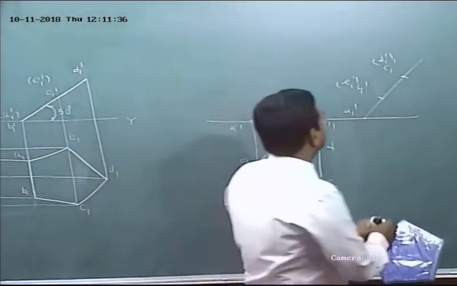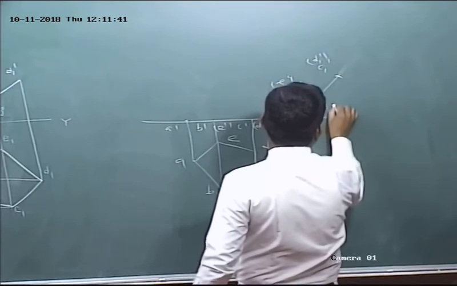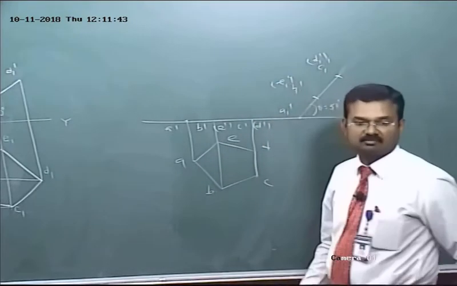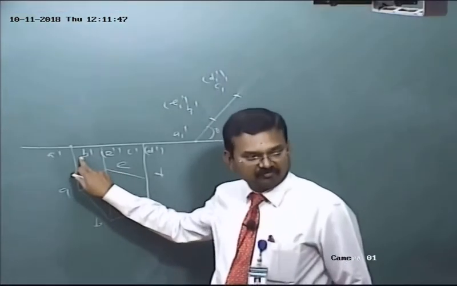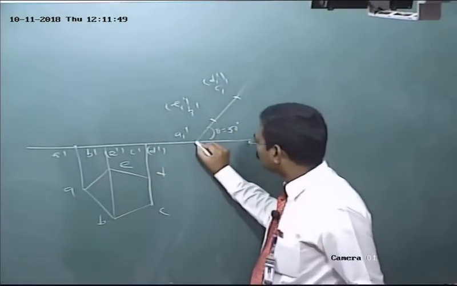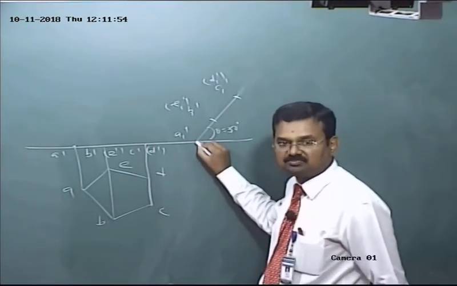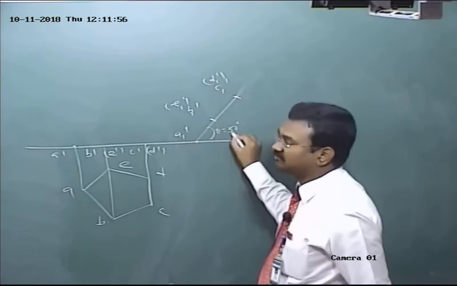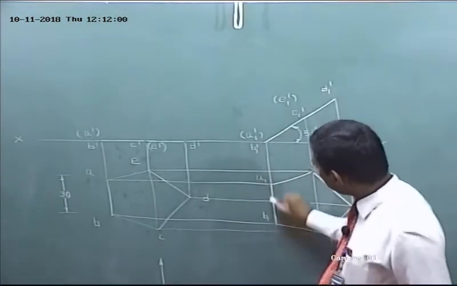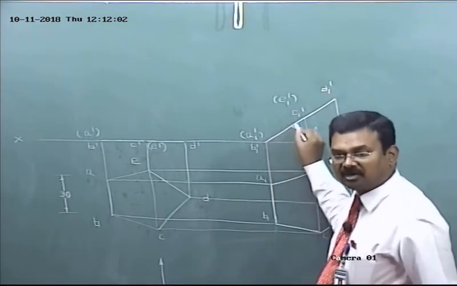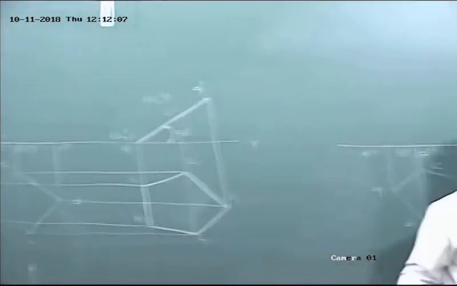Then mark theta, 50 degrees, and ignore the unwanted line. Tilt and reproduce the first step front view to the given condition. What is the given condition? The corner A is resting on HP and the surface makes an angle of 50 degrees to HP. In the previous problem, side AB was resting on HP and the surface was inclined at 50 degrees to HP. Did you understand the difference between these two problems?